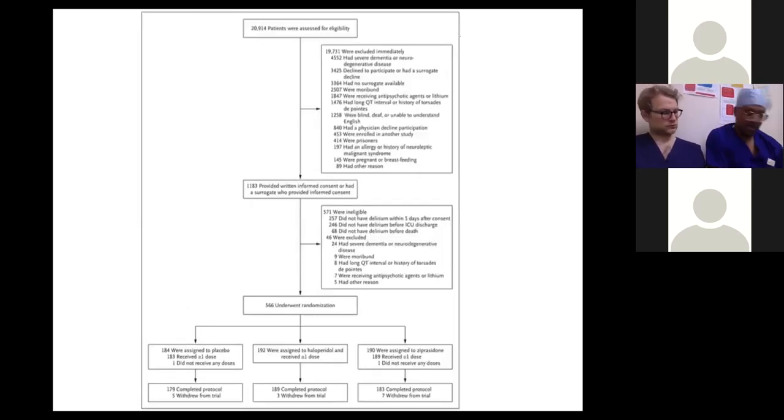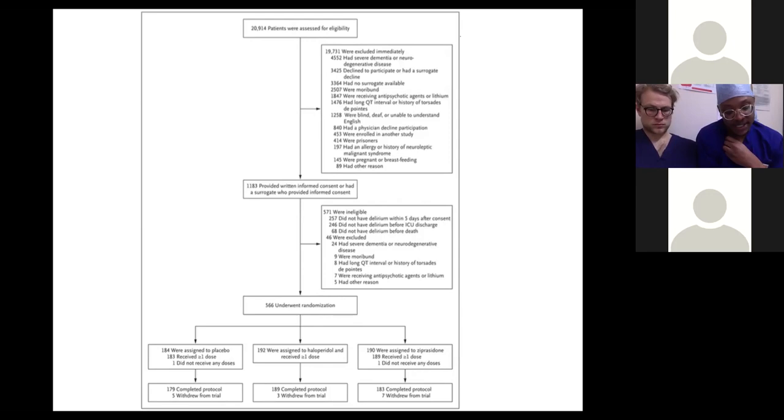So when we talk about the patients who were included in the study, 20,914 patients were assessed for eligibility. Of these, 16,306 were excluded, leaving 4,608 patients who could have partaken in the study.